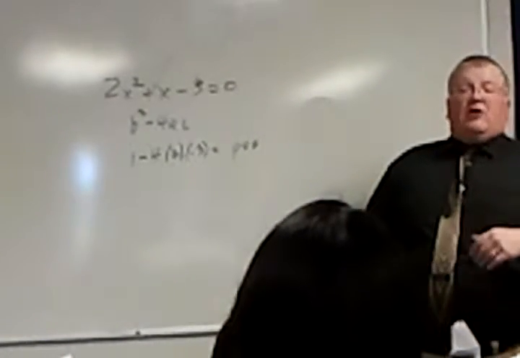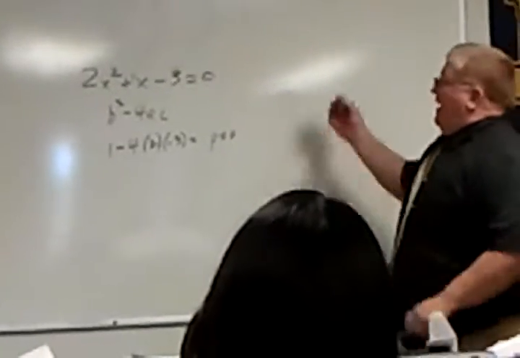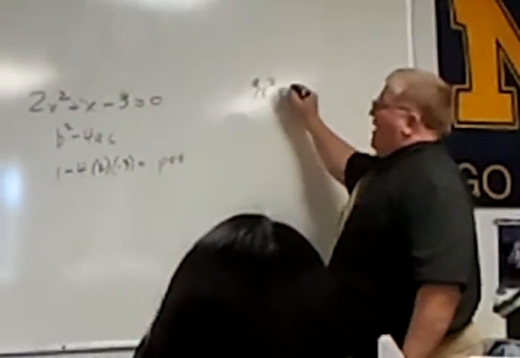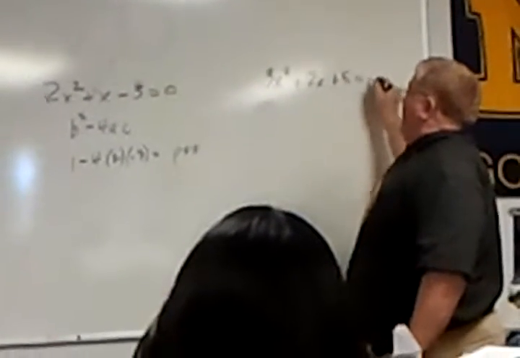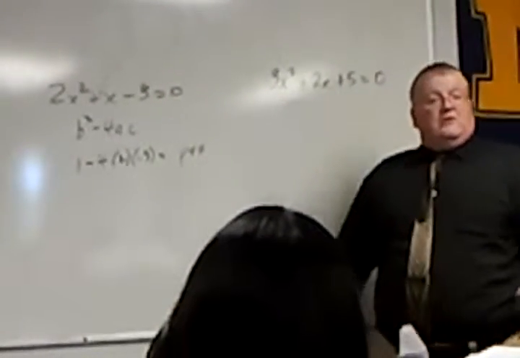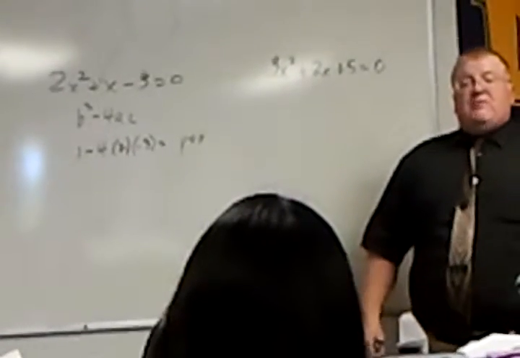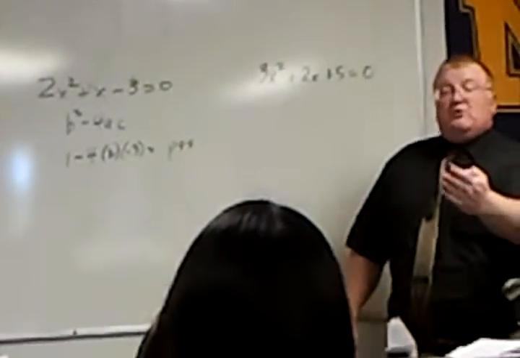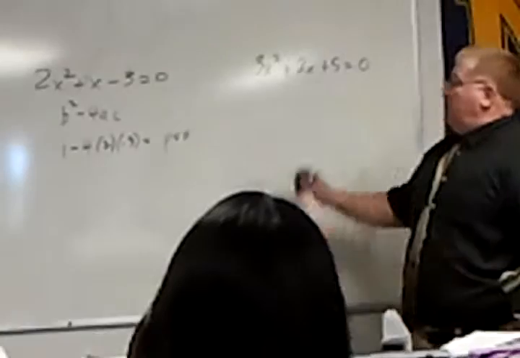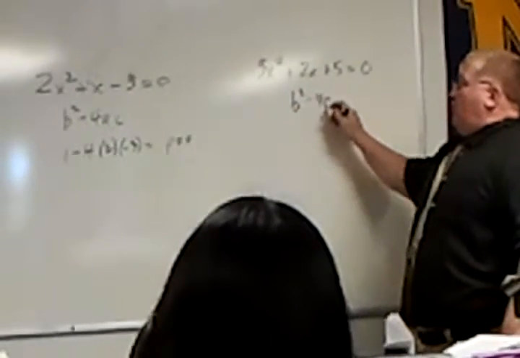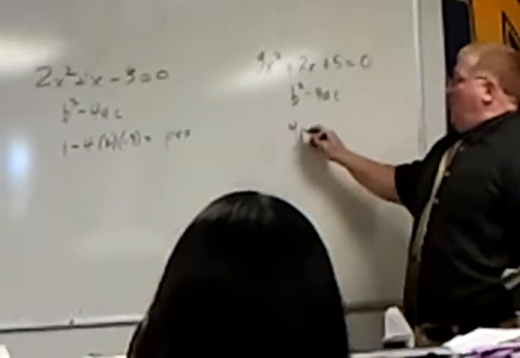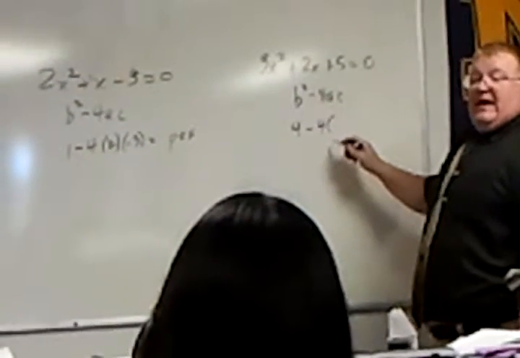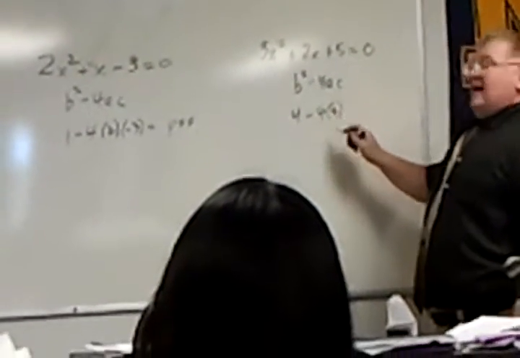Well, let's take a look at one. 3x squared plus 2x plus 5 equals 0. Let's find the discriminant. What formula do we use to find the discriminant? b squared minus 4ac. What's b? 2. It's 4 minus 4 times a times c.